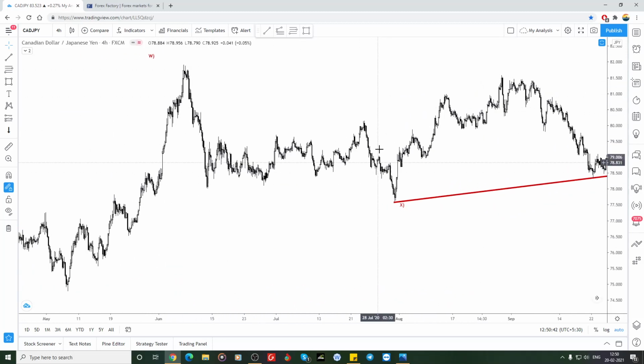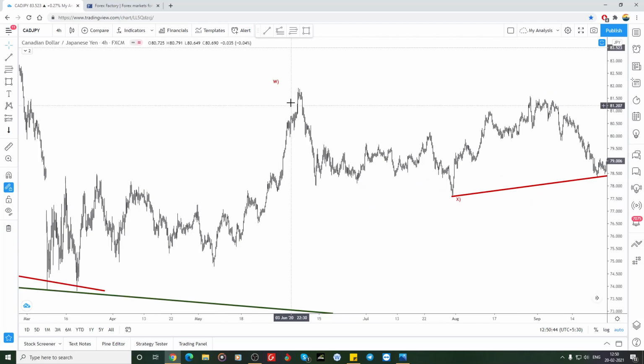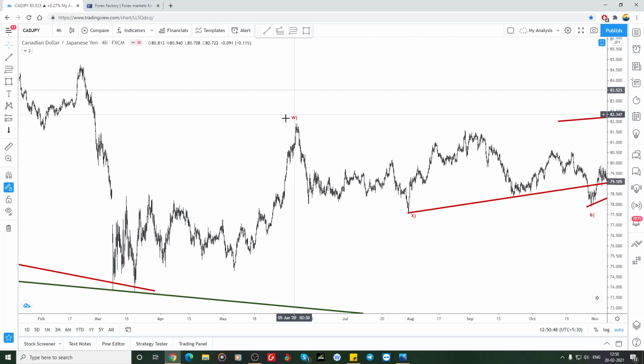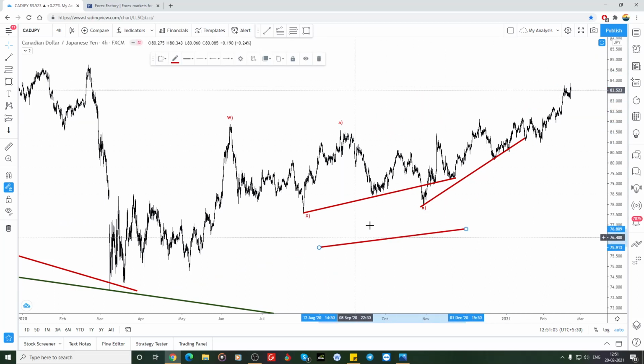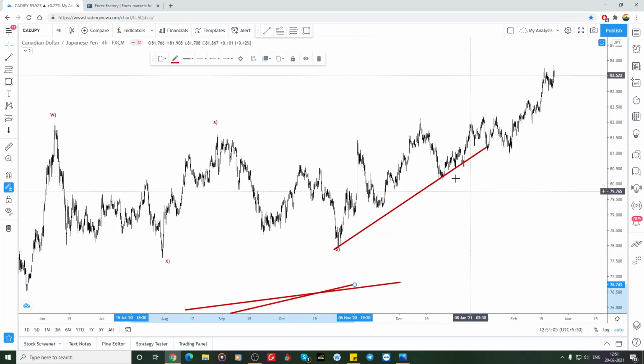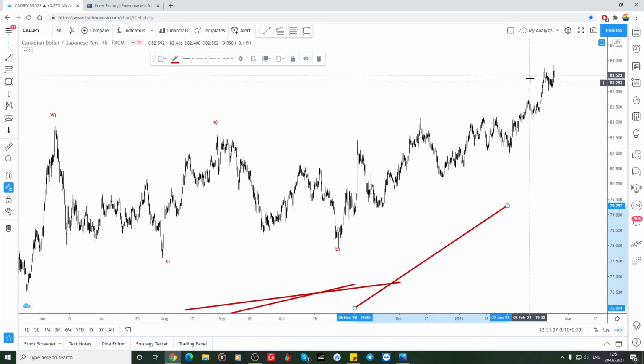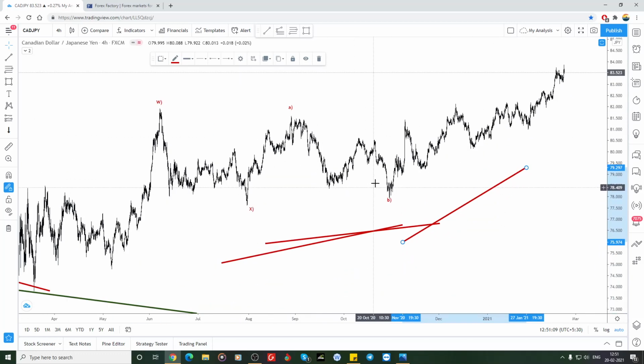So this is a WXY: this is the intermediate W, this is the intermediate X, this is the intermediate Y. So this is a W and this is an X. So now A, B, and C. What it will do is, C means 5 waves are needed, but it is not looking like that.